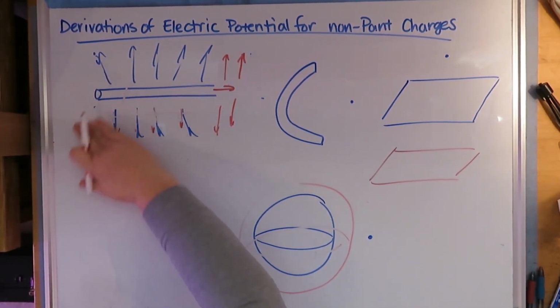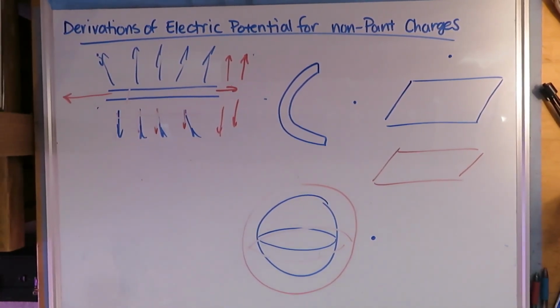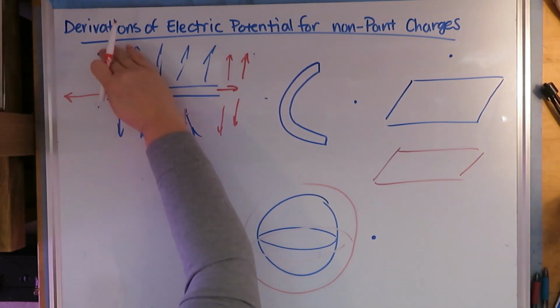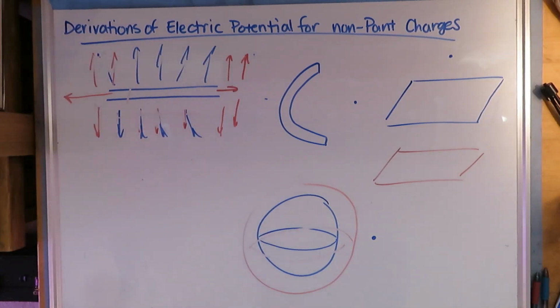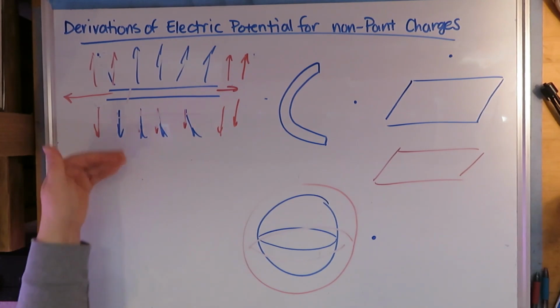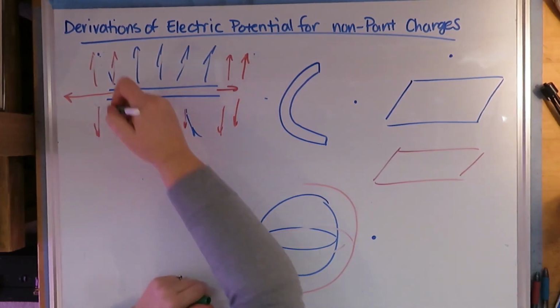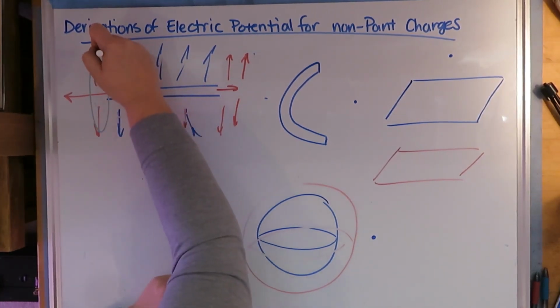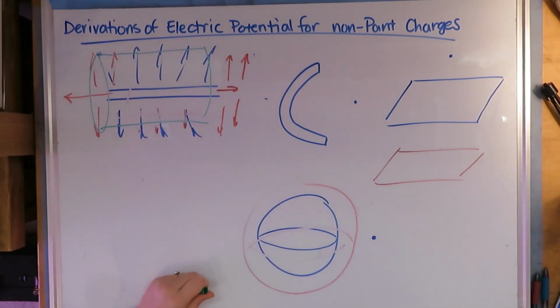Now, if it is an infinite rod, or it's very, very long, then you can assume that your electric field is not uniform, because uniform means equal in magnitude and direction, but it becomes symmetrical, so that if I wanted to find the electric field at some radius from the rod, I could use a cylinder to represent that.